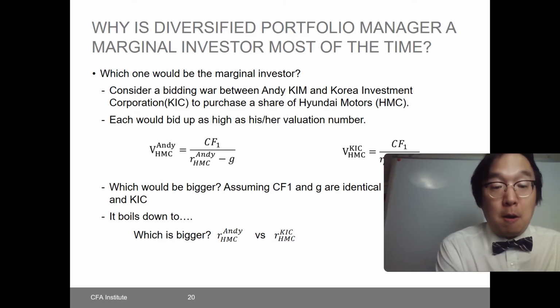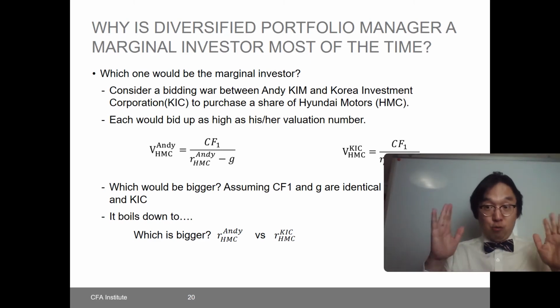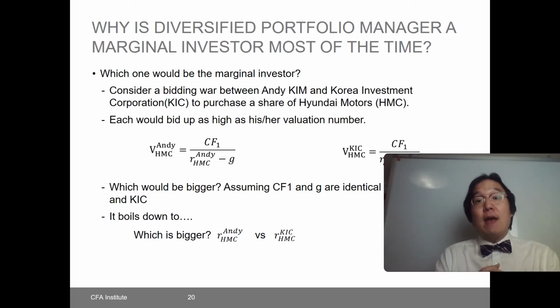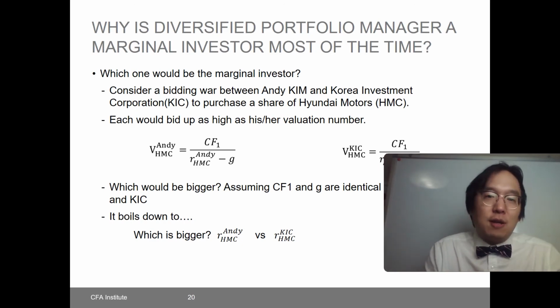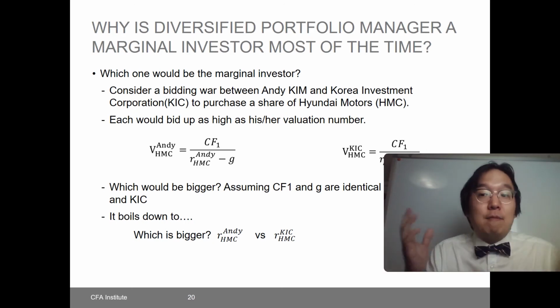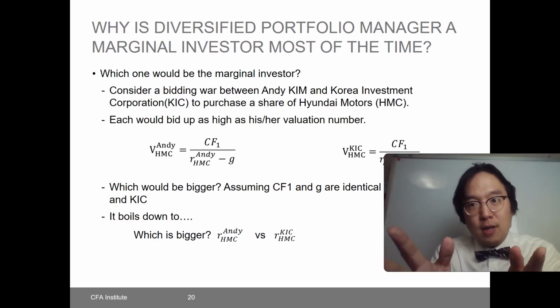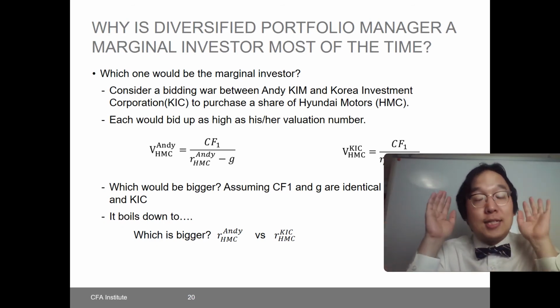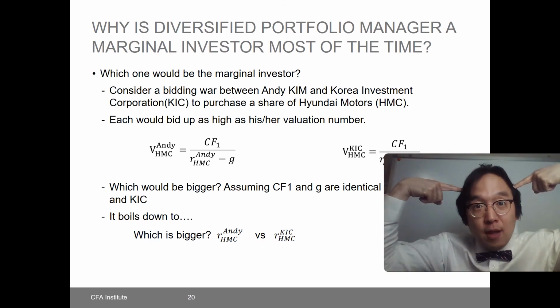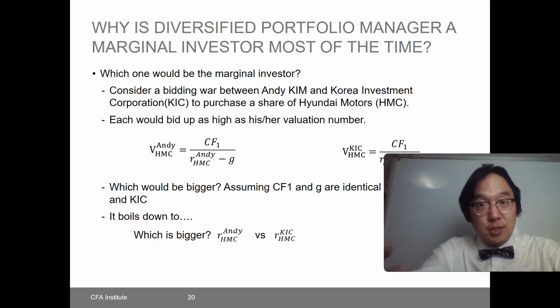So, the thing is, let's assume that me, Andy Kim, and KIC have the same information, okay? You may wonder, some guys who know about finance a little bit will always say, wait a minute, Andy Kim is a small guy versus KIC is a big guy, so they have better information and they are more flexible, blah, blah, blah. But forget about it, okay? Let's abstract away from that. Let's assume that Andy Kim and KIC have the same information, okay?